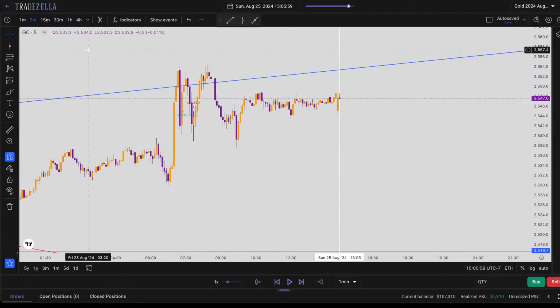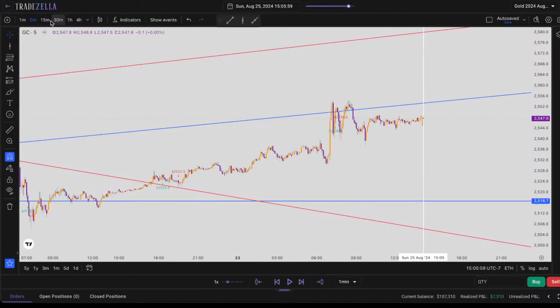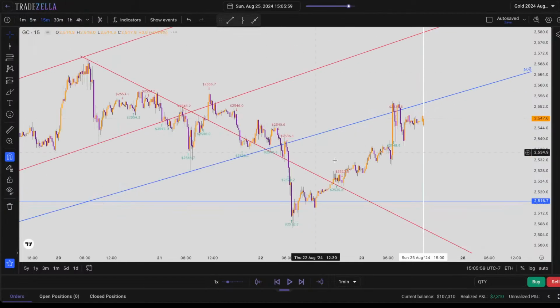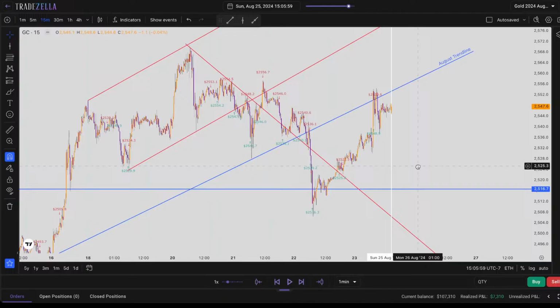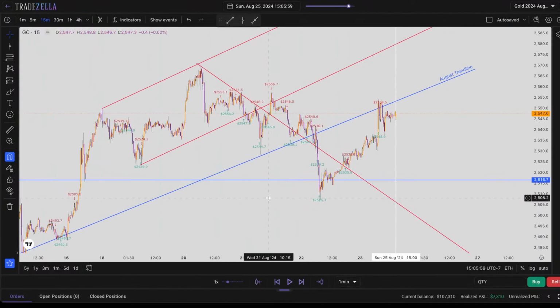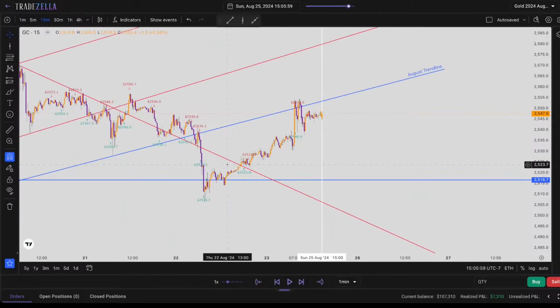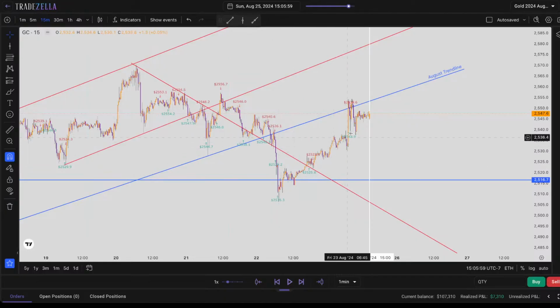We have these trend lines here that we're looking at. What does price potentially want to do here? That's a strong bullish push up.